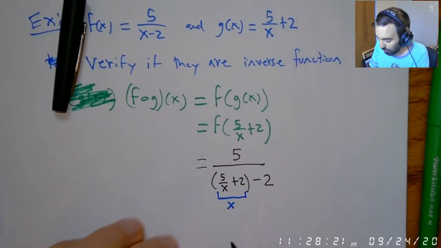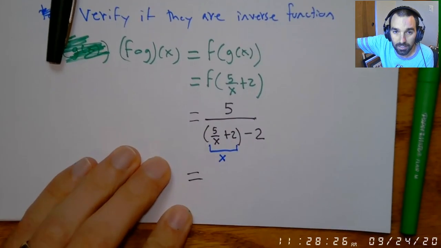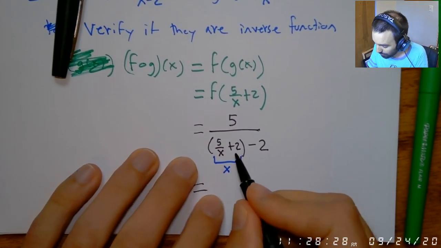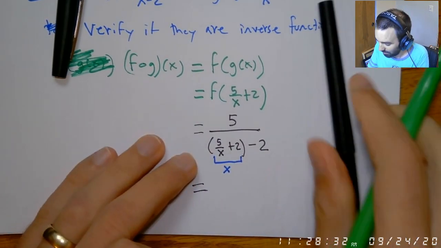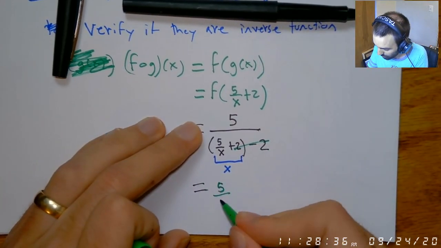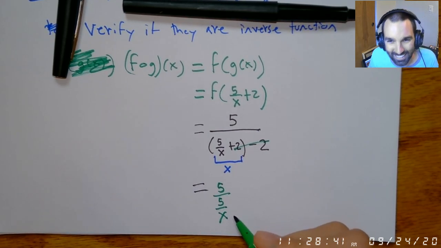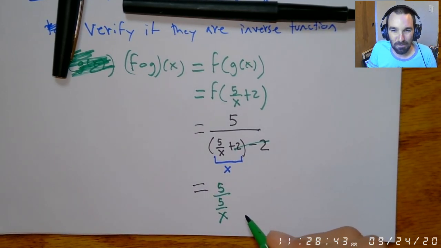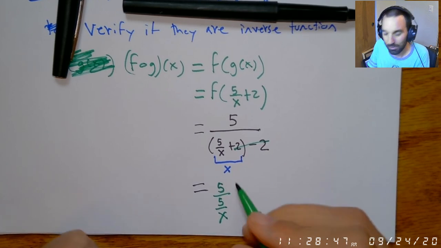So now we're going to simplify. First of all, I got plus 2, minus 2. Those cancel out. So then I have 5 over x. Now, if you're like me, multiple fractions cause a headache. So just remember, when you're dividing a fraction, you're really multiplying by the reciprocal.